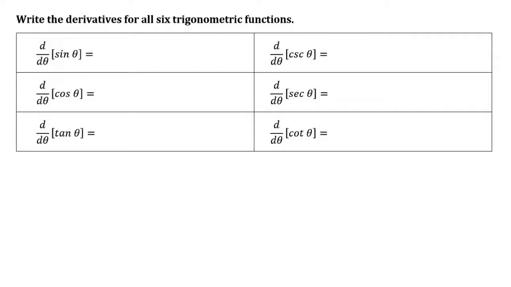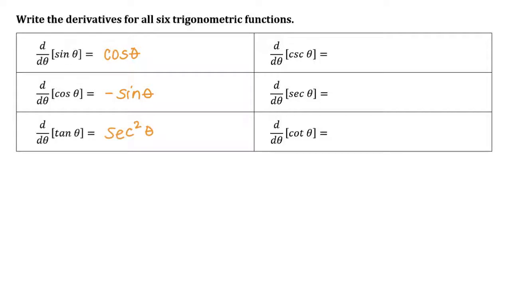All right, now that we've gone through those, let's go ahead and make a chart and fill in what we know about these derivatives. So here the derivative of sine of theta is cosine of theta. The derivative of cosine is negative sine theta. Derivative of tangent, we saw that to be secant squared theta.